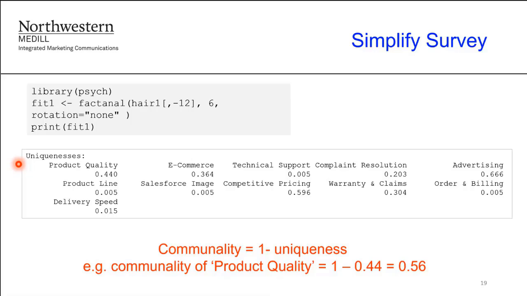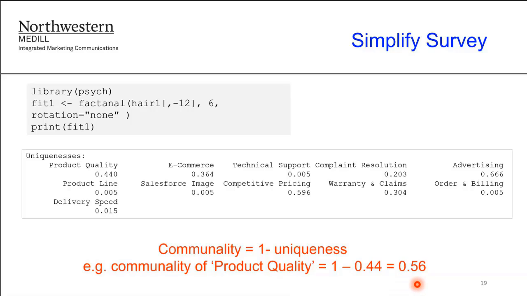This is one kind of metric that we can get from this factor analysis, okay? And the communality is 1 minus this uniqueness value, okay? So for example, for this product quality, the communality of product quality is 1 minus 0.44, which is 0.56. So 0.56, this is the communality.